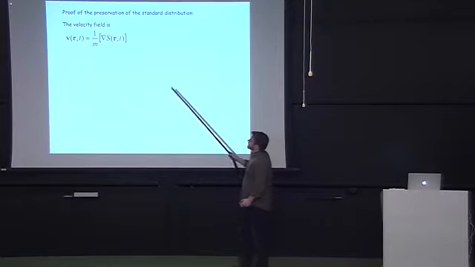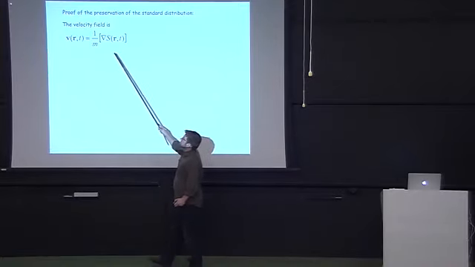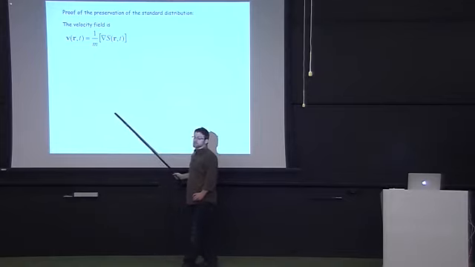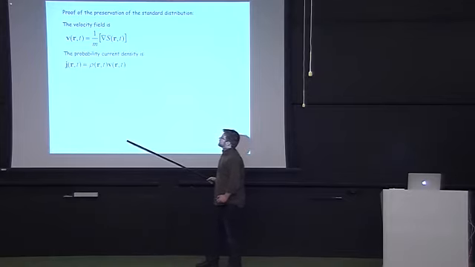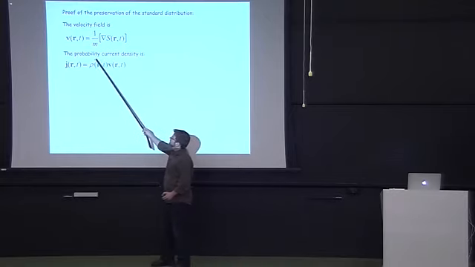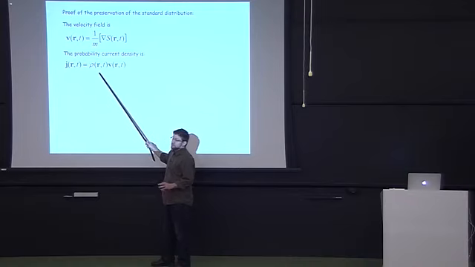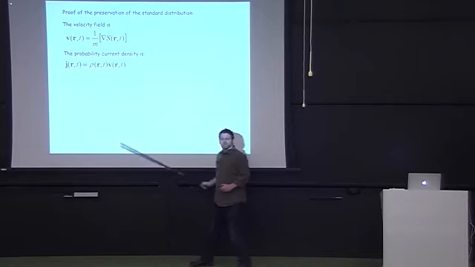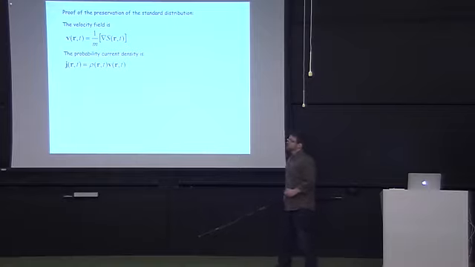The guidance equation will define a velocity field over all space through the gradient of the phase. Therefore, I can define a probability current density using whatever the probability distribution of the Bohmian particles is. For the moment, let me not assume that it's necessarily psi squared. It's anything. No matter what rho is, I can multiply it by the velocity field and get a probability current density over the space.